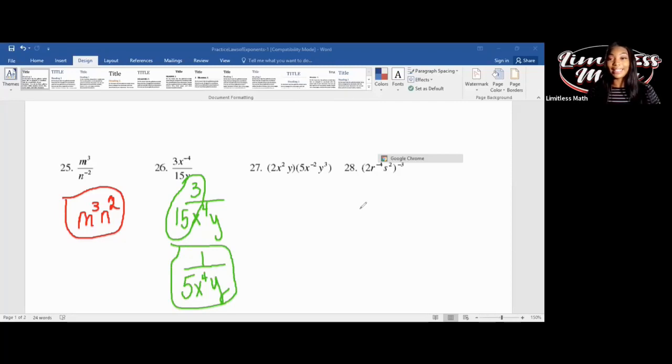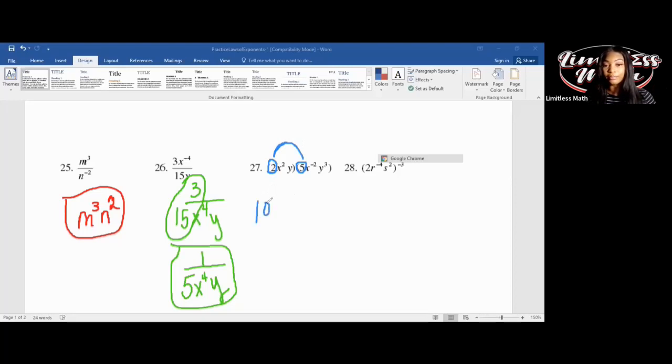So here I see an expression in parentheses, right beside another expression in parentheses, so I know they're being multiplied. Yes, and since they're being multiplied, we can use the product rule, but only if they have the same base. So I'm going to actually start with the whole numbers, these coefficients here, 2 and 5. These don't have exponents on them, they're just regular numbers. You can actually multiply those together like normal.